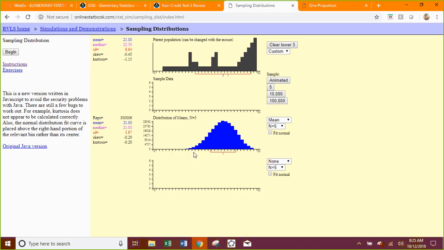If I change my sample size to 25 and do this again, there's our normal distribution. Even though the population is super ugly, when we have a sample size of at least 30, I know I have 25 here, but I can't do 30 on this app, it makes the sampling distribution approximately normal. That way we can answer questions about the population as a whole.